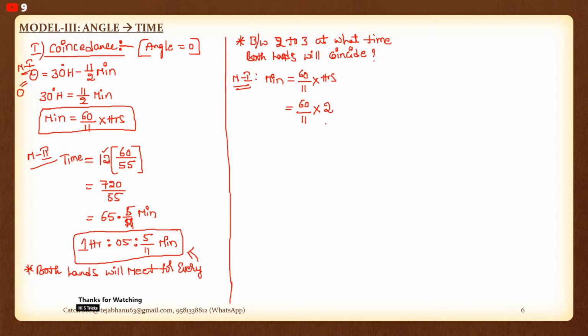Now, 120 by 11, that is 10, 11 tens are 110, 10 by 11.